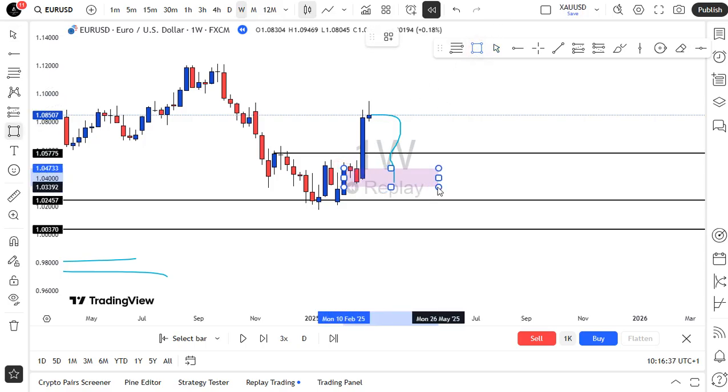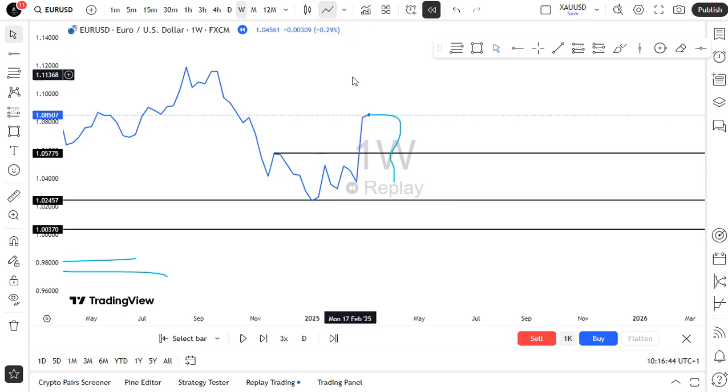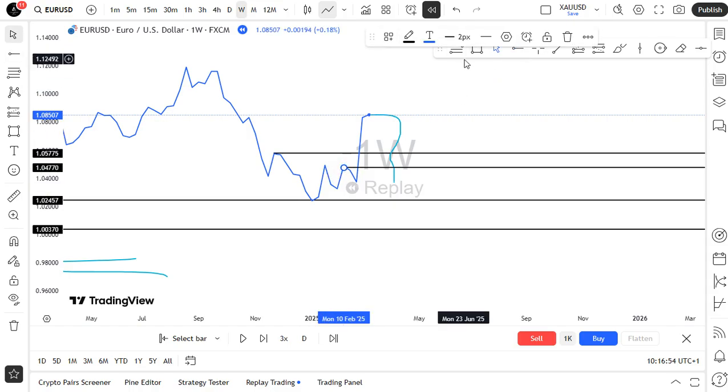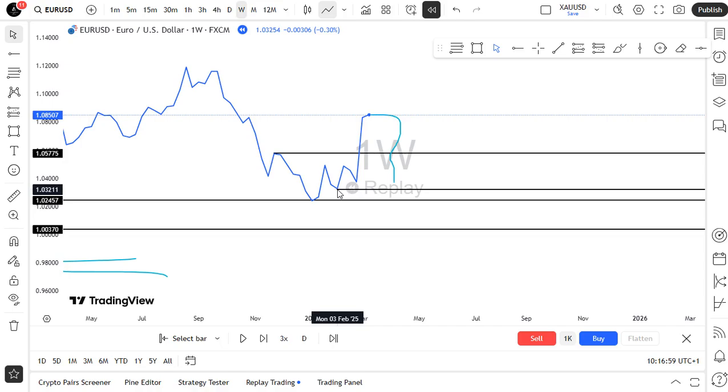But if I want to just help you, I'll go to line charts. Do you understand? Then these levels we are seeing here, any of them should come and bounce on any of these levels to fly back up. If it does not bounce on this level, it might bounce somewhere here and fly up.